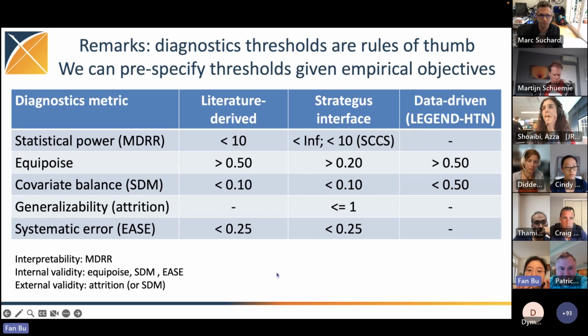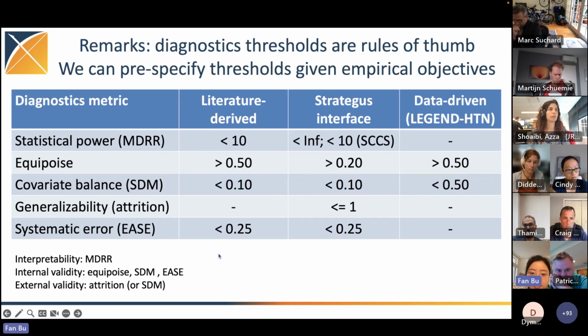So just to wrap up the conceptual part of this presentation a little bit, I'm summarizing those important diagnostics components that we need to check on, particularly for drawing causal conclusions. And what I'm listing here is actually three different sets of thresholds.